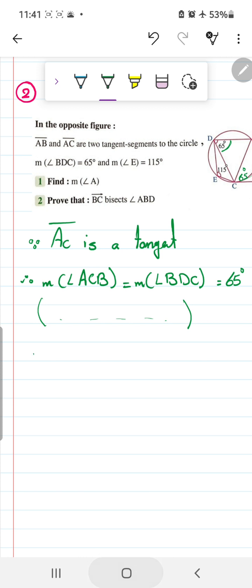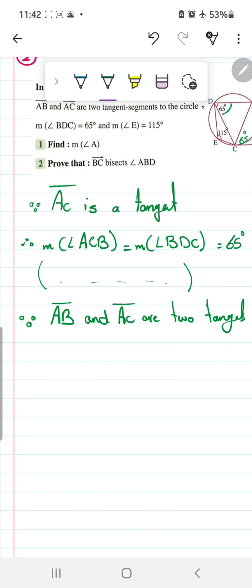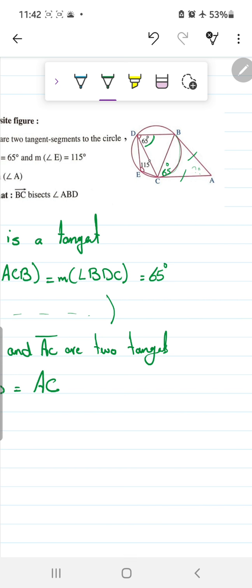Okay, and since AB and AC are two tangents, what did you notice here? We get AB equals AC, as we said in the previous lesson. So the triangle here will be an isosceles triangle. So the two base angles are equal. Measure of angle ACB, we get 65. So ABC also is 65.